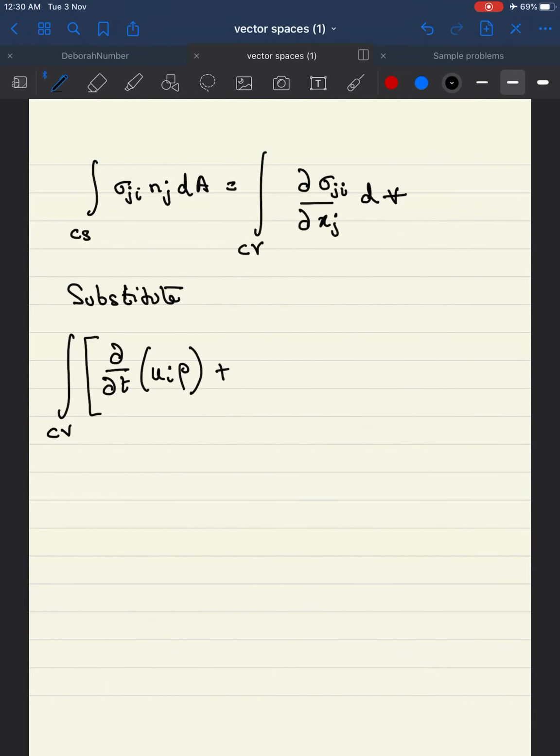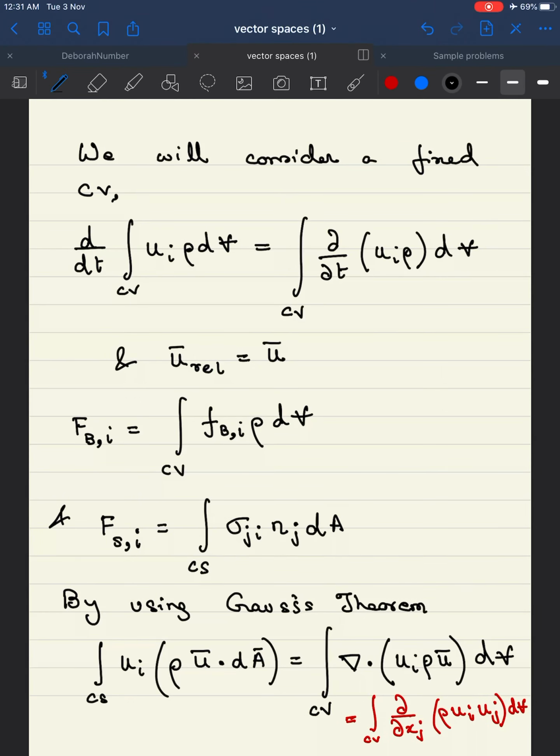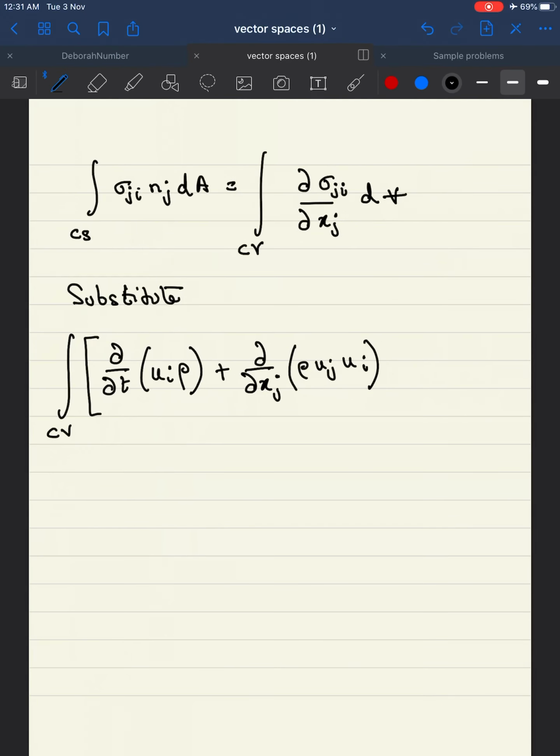So you have del xj of rho uj ui, and then you have the force terms, which for this case is just rho times f minus rho times f b comma i, and then you have the last term, which is this one right here.